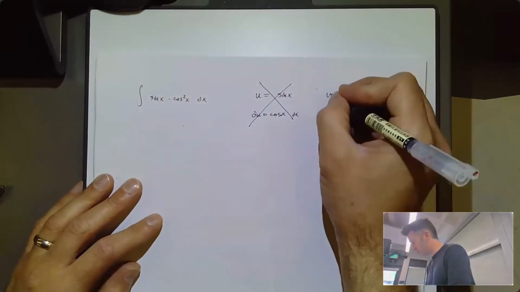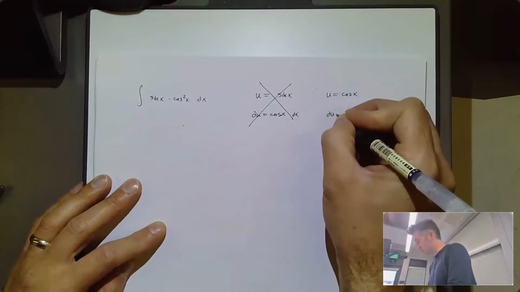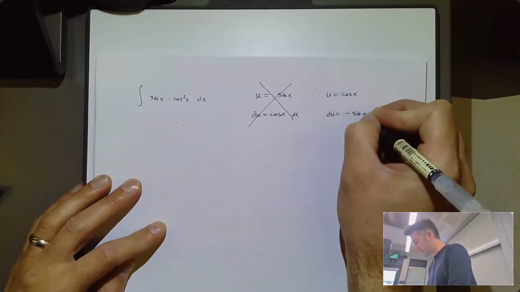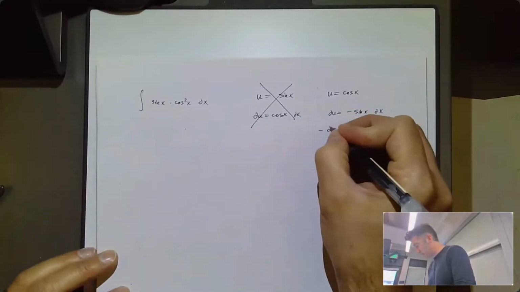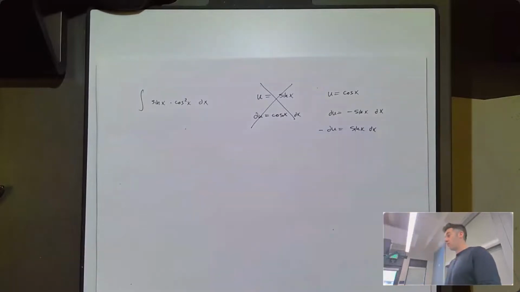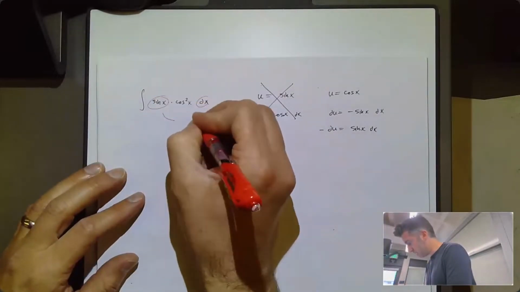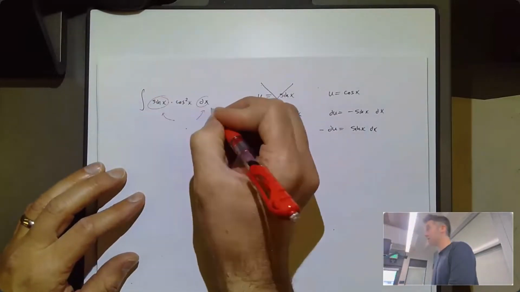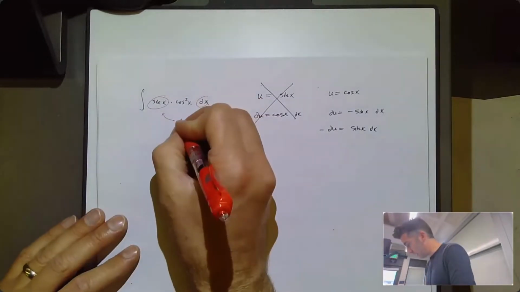Instead, we're going to let u equal cosine x. And then your du is going to be negative sine of x times dx. So I'm going to say negative du equals positive sine of x times dx. And now look, things are going to work out all right. My sine of x dx, that's going to multiply together because they are multiplied together to become my negative du.